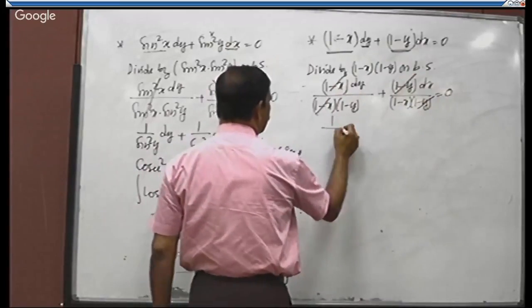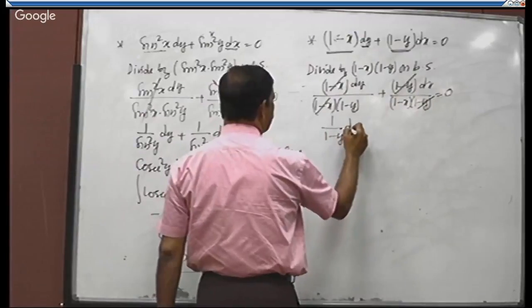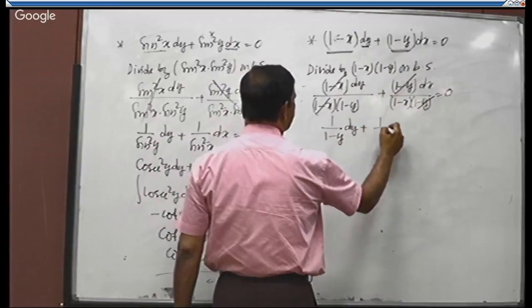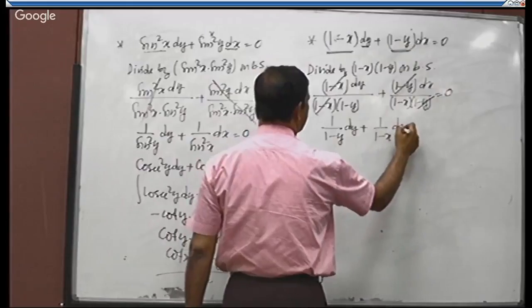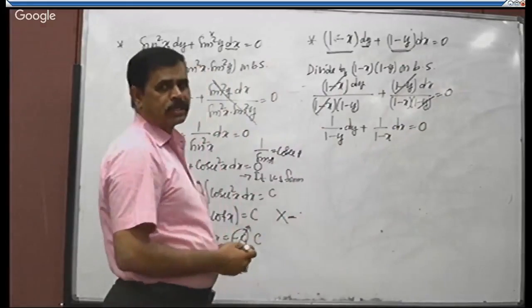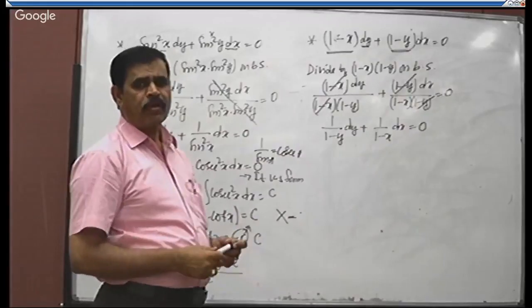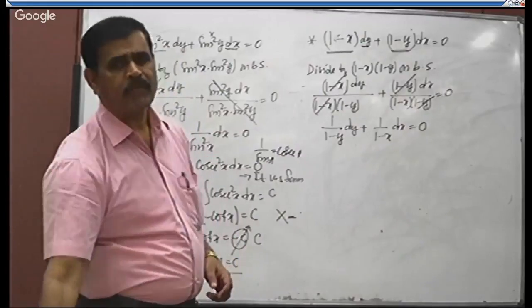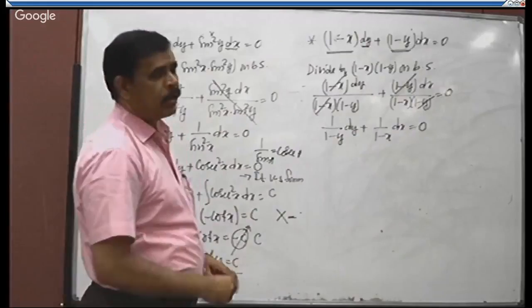What is remaining? 1 by 1 minus y into dy plus 1 by 1 minus x into dx is equal to 0. Now check this. It is in the variable separable form, right?